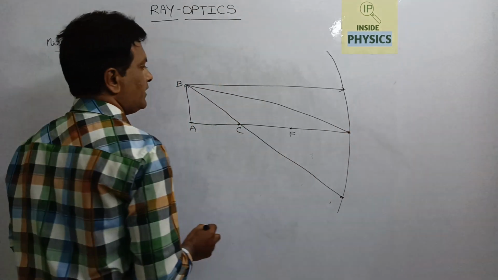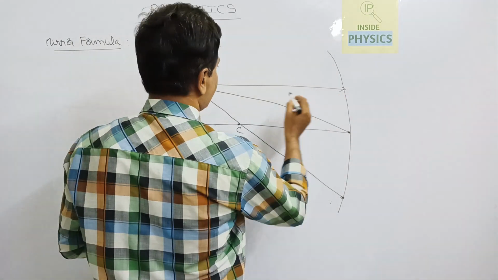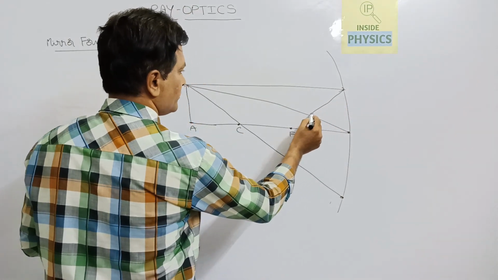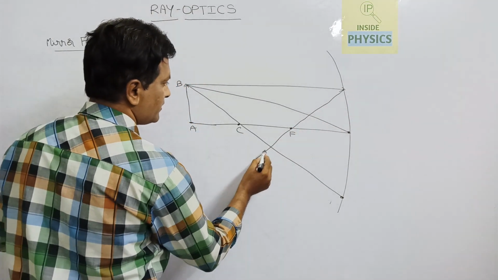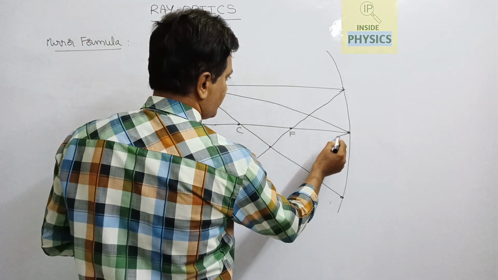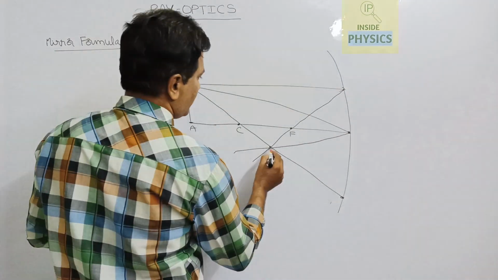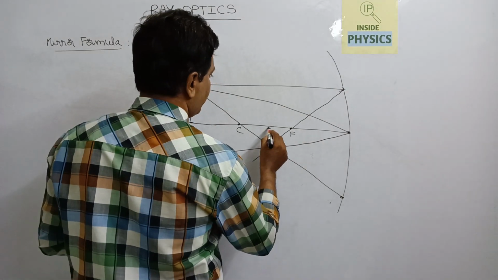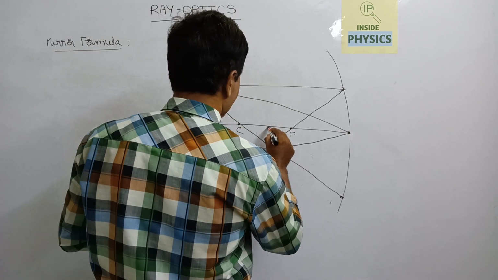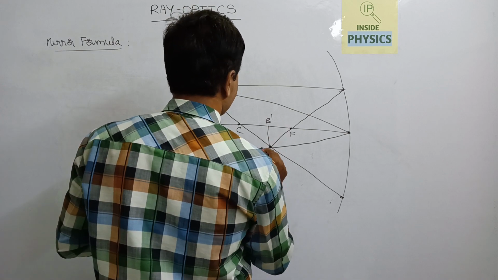So these three rays will be reflecting back. If you observe this light ray, it will reflect back through the focus. With the help of laws of reflection, all three rays will meet at some point between the center of curvature and the focus, B dash A dash.